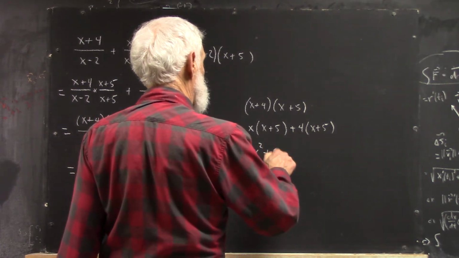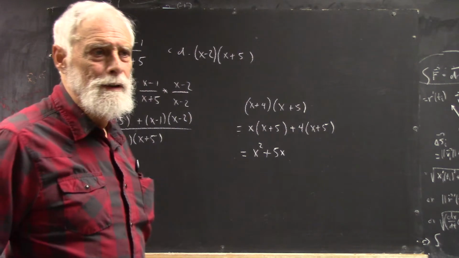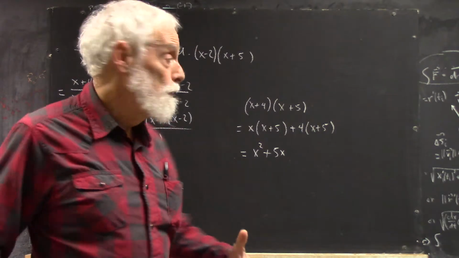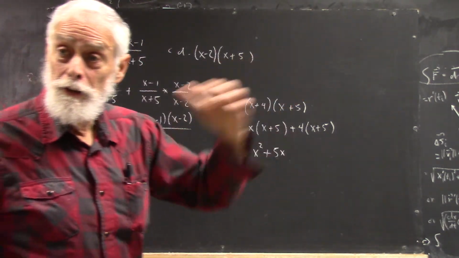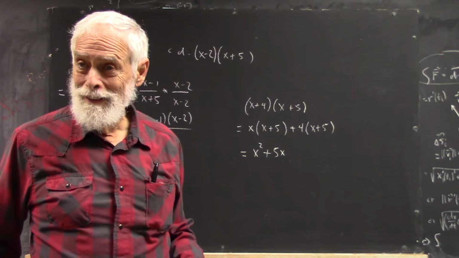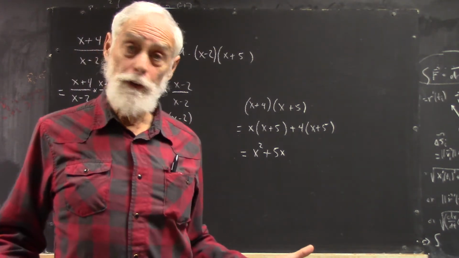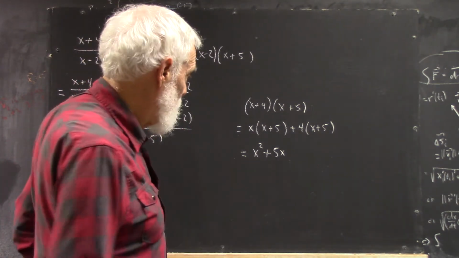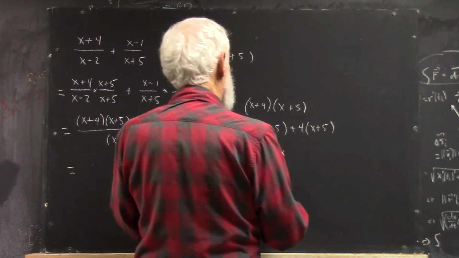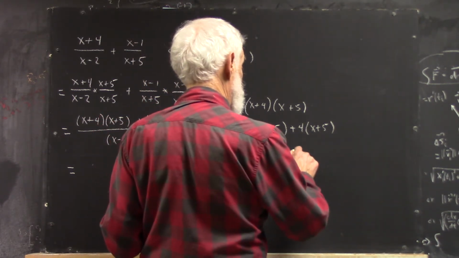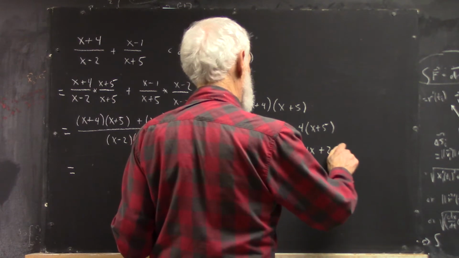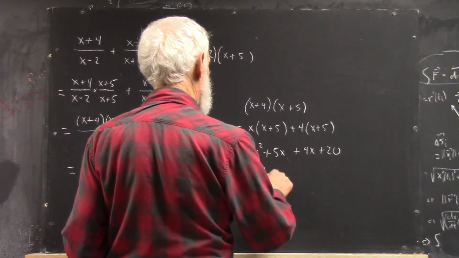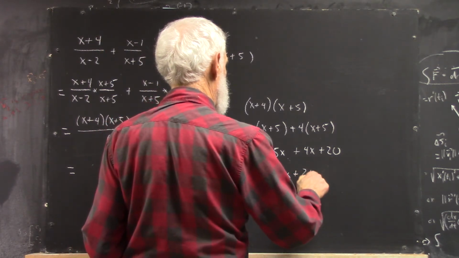But we're trying to get away from habit and base things on rules, because habit can lead you to try to add fractions by adding the numerators and adding the denominators, right? There's a related habit. It feels all right, but it doesn't work. So we're trying to put the mathematics on firmer ground. By the distributive law, this is what we get here, and here we get 4x plus 20, and then that becomes x squared plus 9x plus 20.